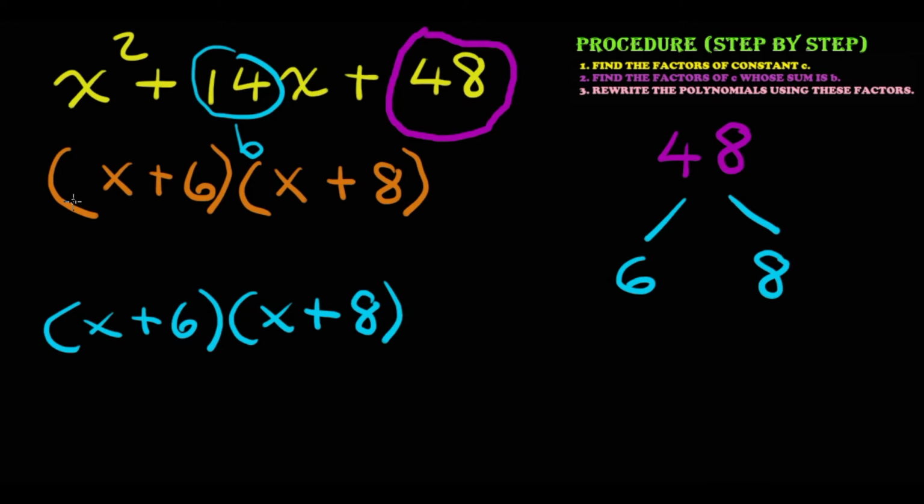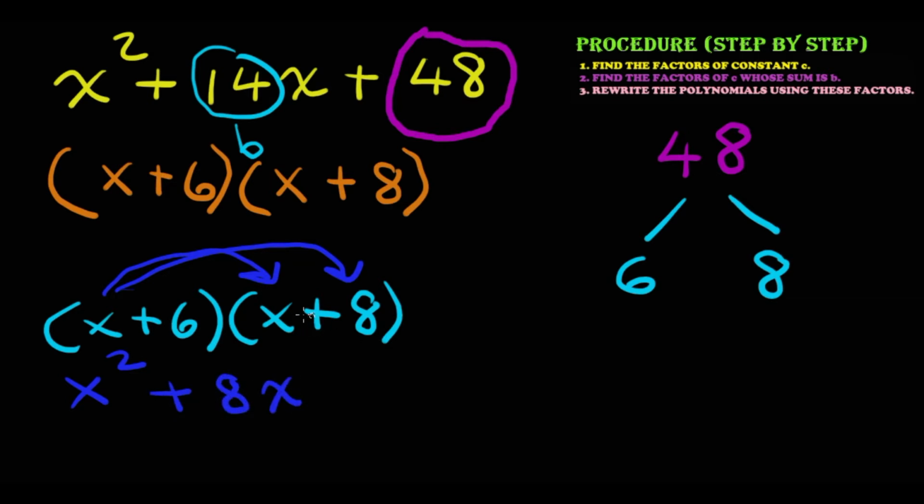So here we have to distribute the x. x times x, and then x times 8. x times x is going to give us x squared. x times 8 is going to give us 8x.